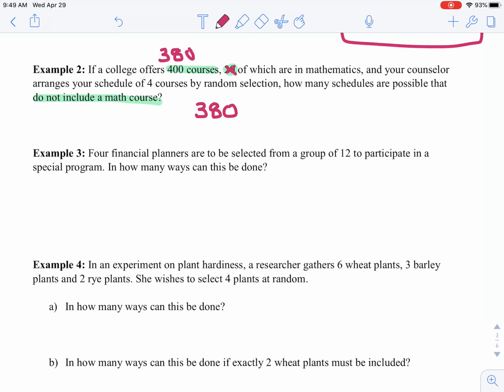So if I have 380 courses to pick from, and I'm arranging my schedule, so the order of these classes would matter then. This is a permutation. And again, you can use your calculator to do that calculation. And this should be a pretty large number here.